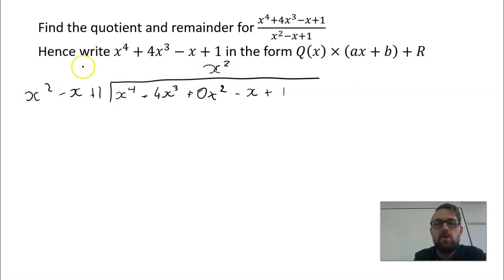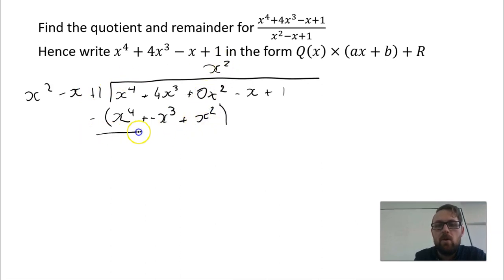x to the power of 2 times x to the power of 2 is x to the power of 4. All right, so now we are going to multiply this back in. x squared times x squared is x to the power of 4, plus negative x times x squared is negative x cubed, plus 1 times x squared is x squared.